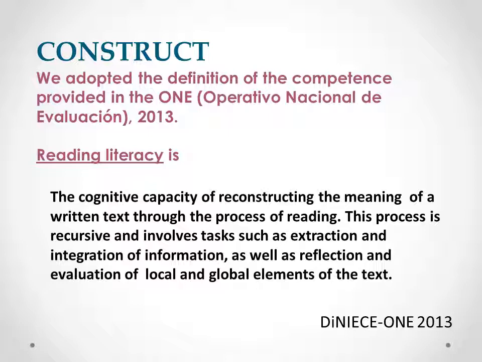They are extracting information from a text, integrating information from different sections of the text, and reflecting on it, as well as evaluating it personally with or against background knowledge, that is, evaluating it with the theory of the world in our heads that Smith refers to.